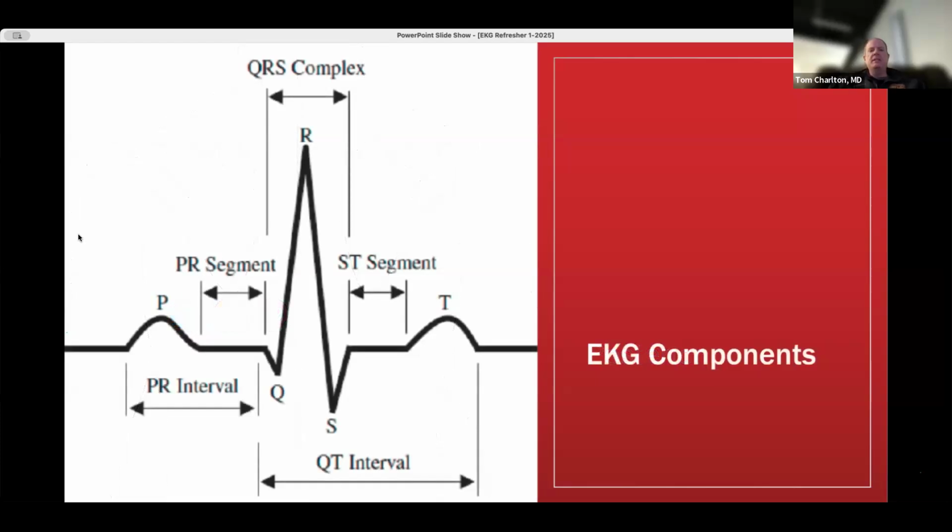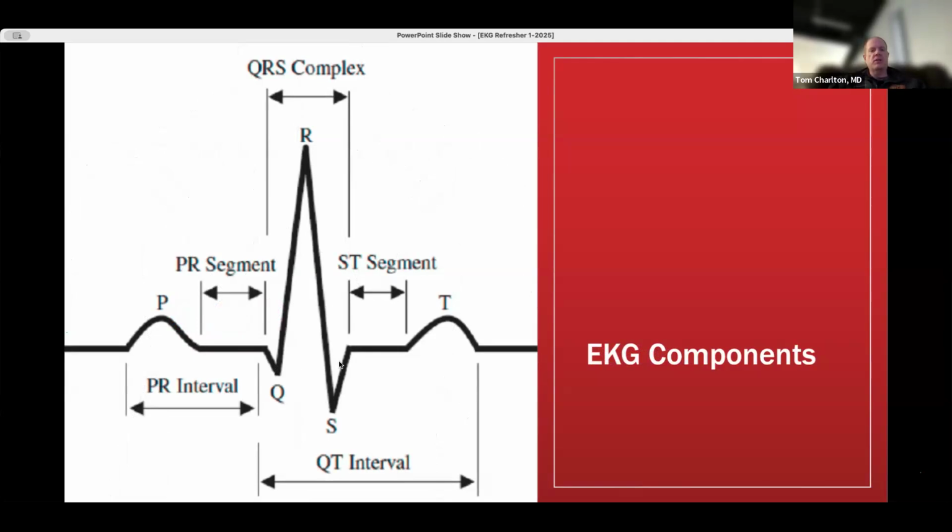The EKG itself is broken up into a bunch of different things. The P wave represents the initial electrical impulse and contraction of the atria. The atria then finish contracting. The AV node sends the electrical impulse down the Purkinje fibers, and we get the contraction and electrical impulse through the myocardium itself.